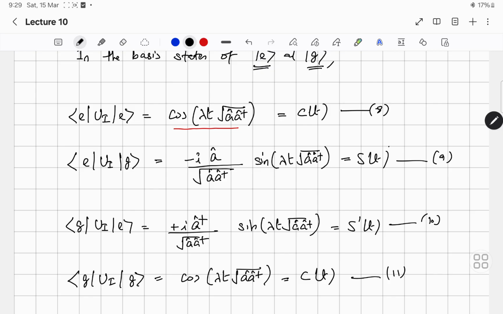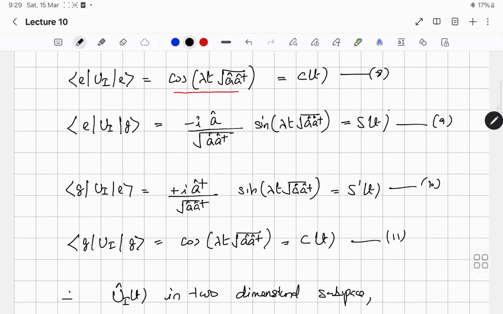So we can clarify this equation number 10. Equation number 10 is <g|UI|e>, and this will have two parts.